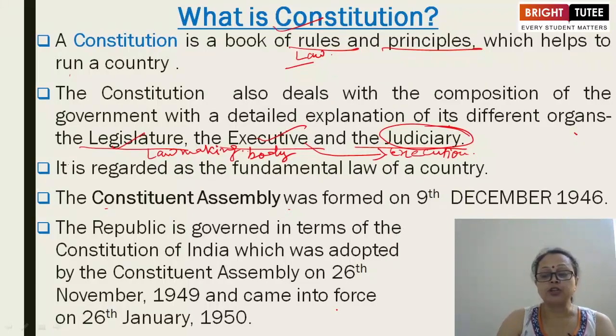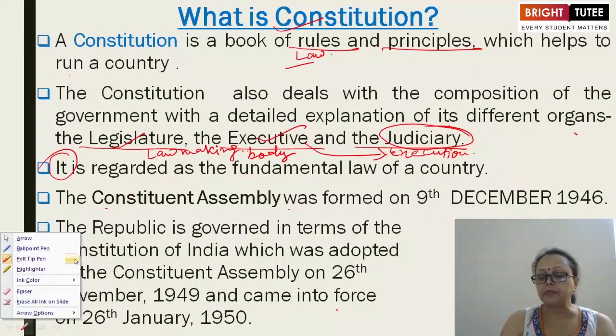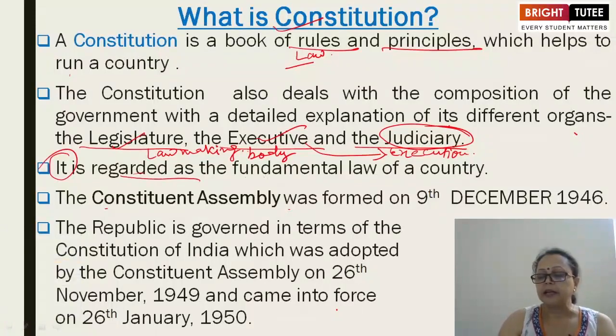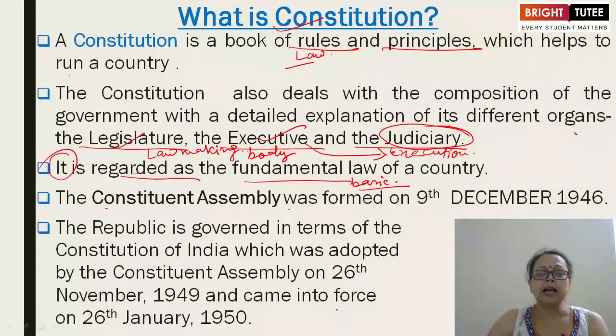So this constitution is regarded as the fundamental law of a country. It means the basic laws, the basic rules of a country are written inside the constitution, and accordingly the government runs and governs the country.